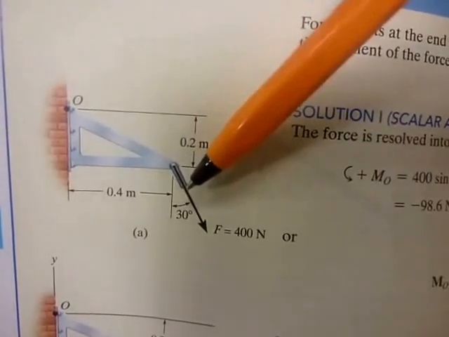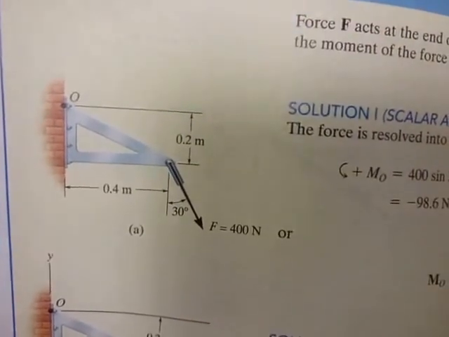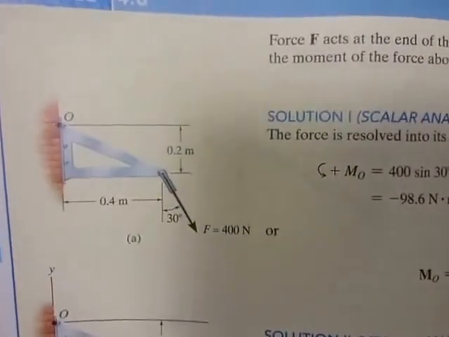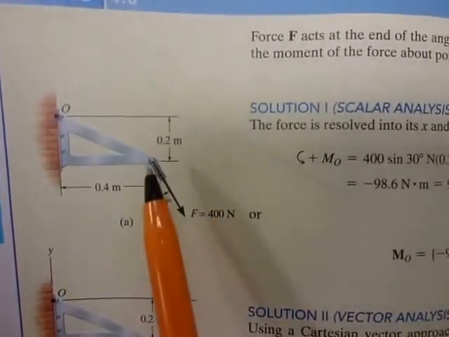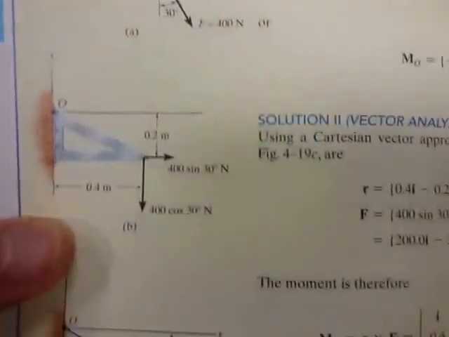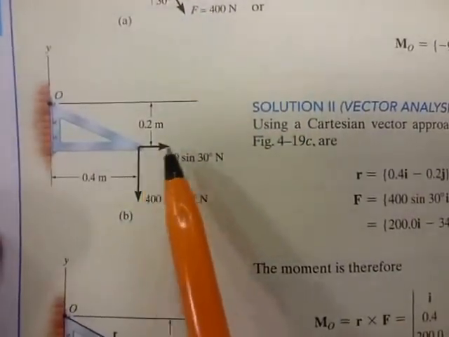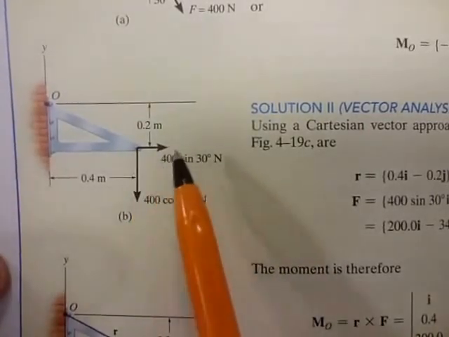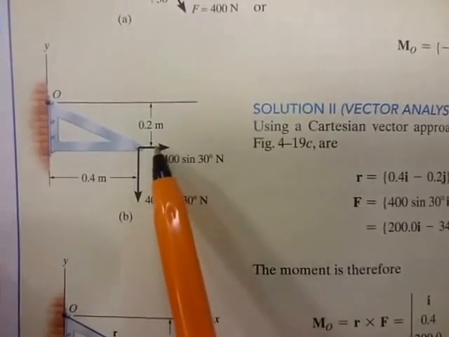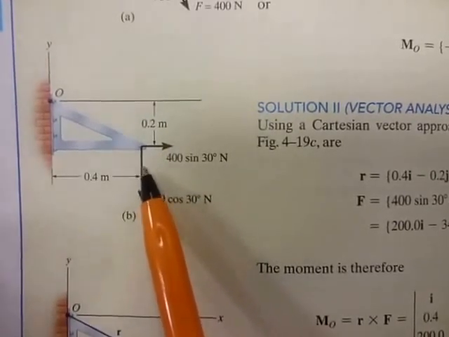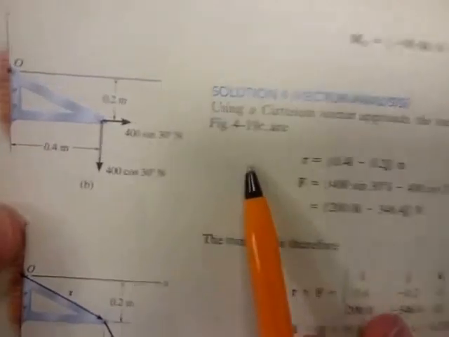Okay? So what do we do? We carry out the principle of moments, which means we break this up into its x and y components, like this. Now we've got two forces, and we need to calculate the moment due to this force and add it to the moment due to this force. All right?